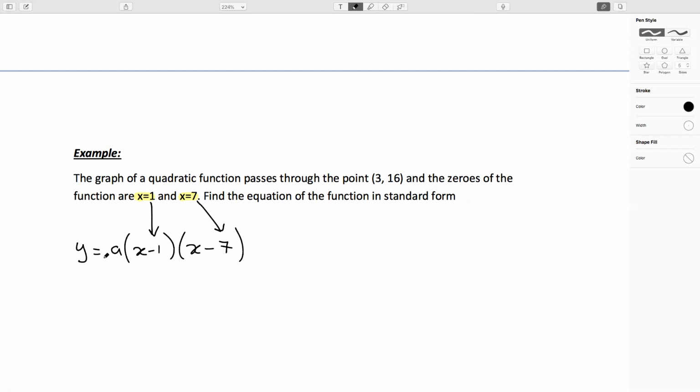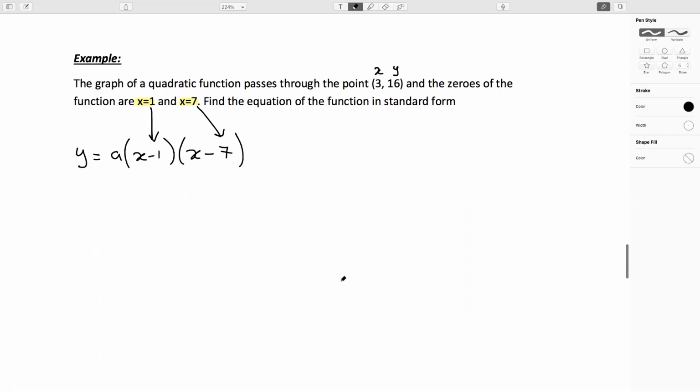So to find the stretch, I need to use this point. I'm going to plug in 3 as my x value and 16 as my y value, and then solve for my stretch. So I'll use the point (3, 16). y is 16 equals a times (3 minus 1) times (3 minus 7).